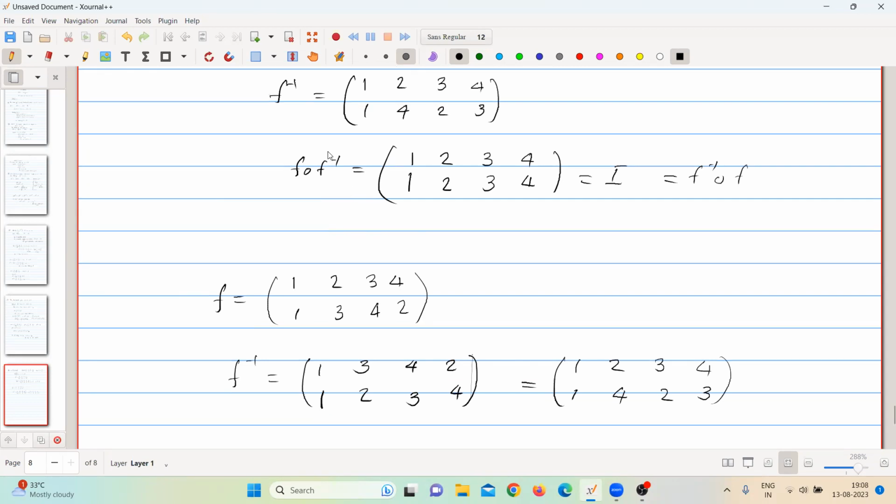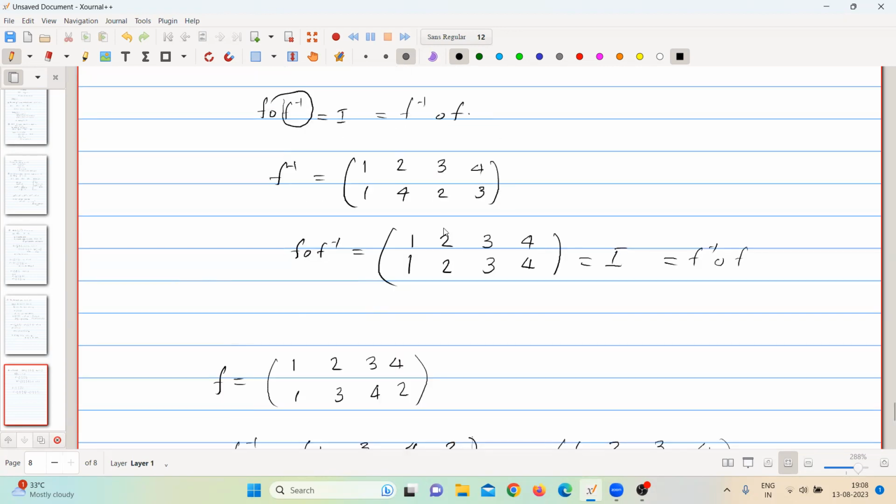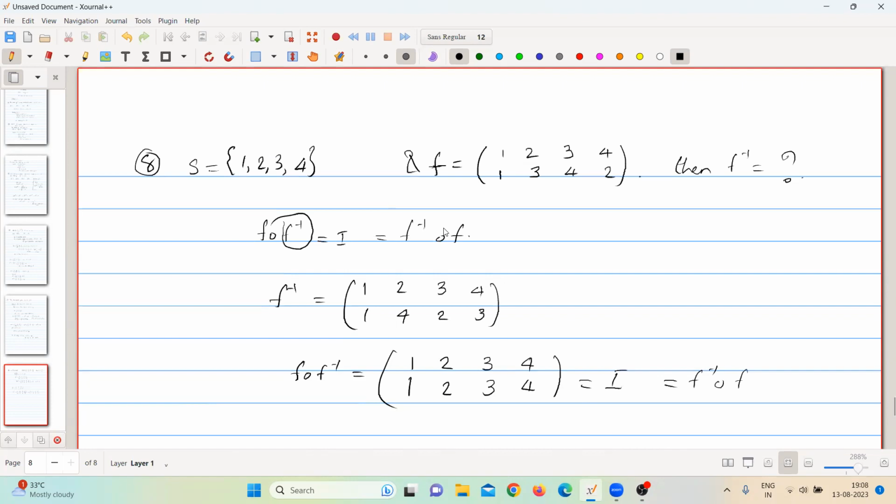So this is the same f inverse, 1, 4, 2, 3. Correct? So the inverse of a permutation you can write like this. Clear? Any doubt in this question? Anyone?